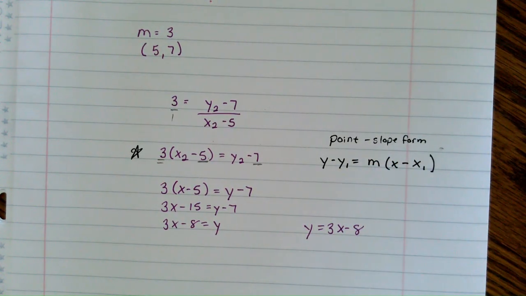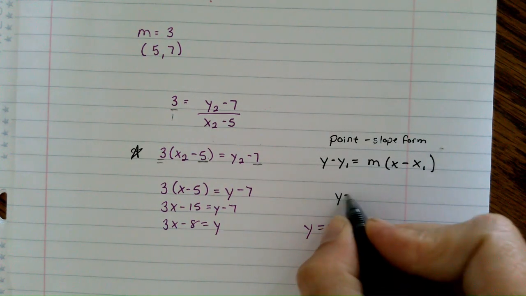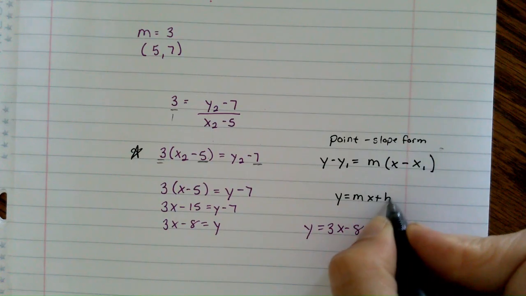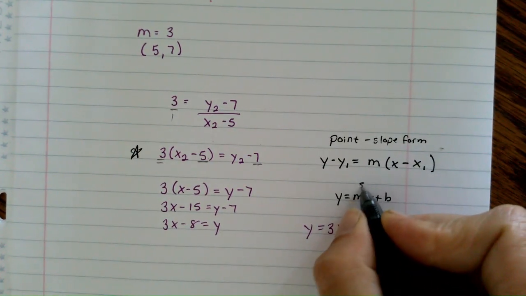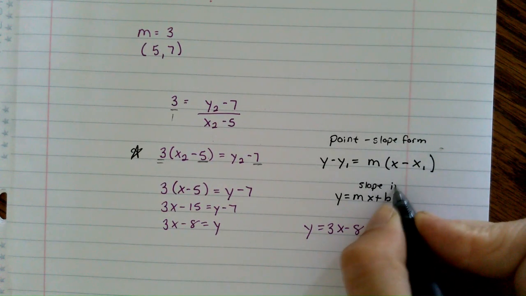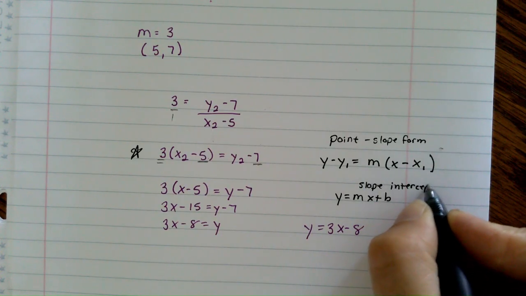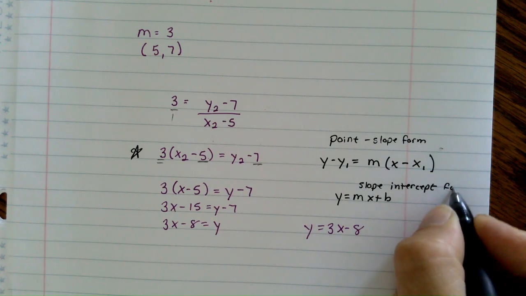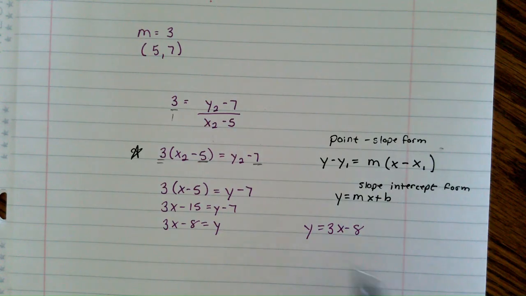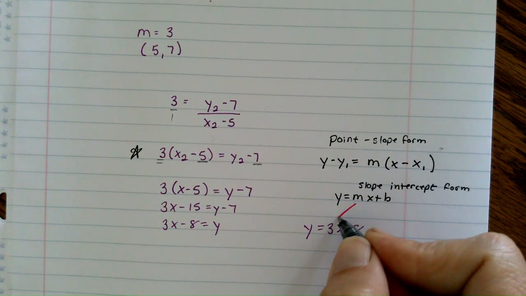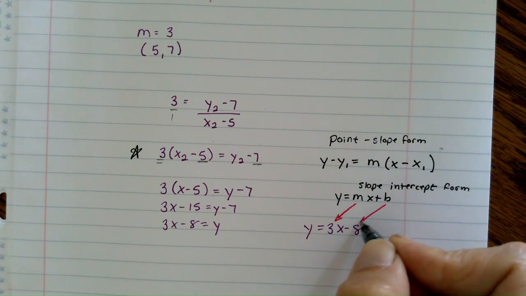And on the Missouri EOC formula sheet, you should find it in the left-hand column towards the top of that list. And right below it, you will see y equals mx plus b, which is slope-intercept form. Which is what we have right here, slope, y-intercept.